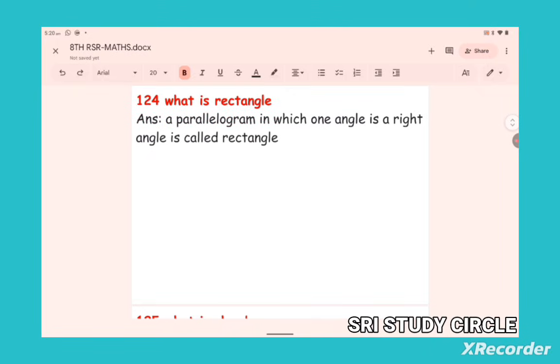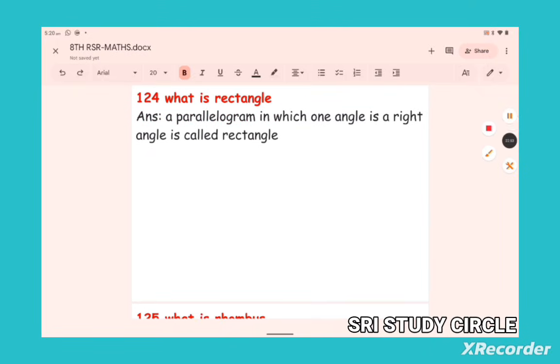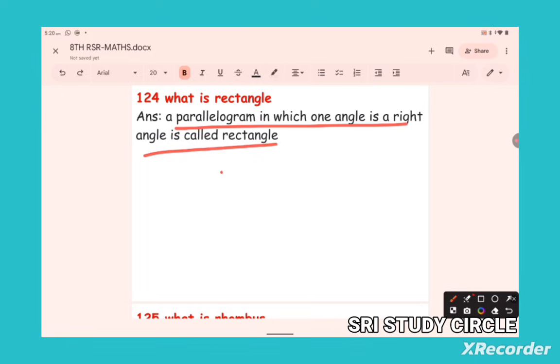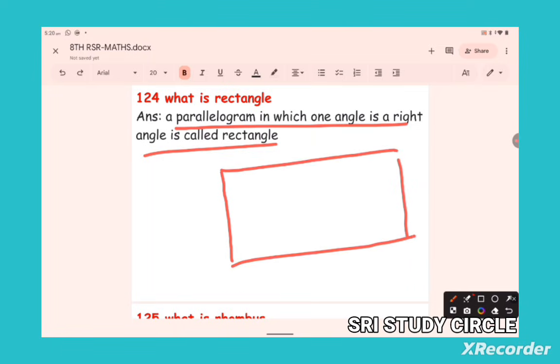Now, next one, rectangle. A parallelogram in which one angle is a right angle is called a rectangle. This is the rectangle. In this rectangle, each angle is 90 degrees.